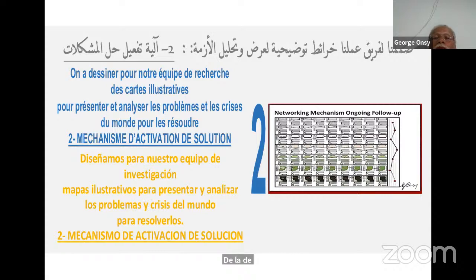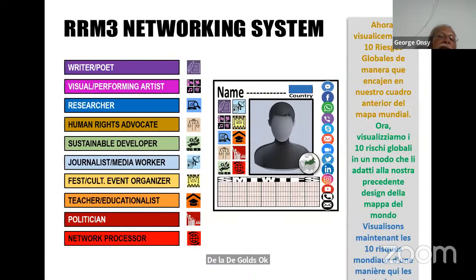So if this is a networking, we have the goals. Here is a design I made to show how to recruit people. Every individual we talked about, whether grassroots or VIP or whatever, can be recruited to be a worker with us for achieving the goals and facing the risks.